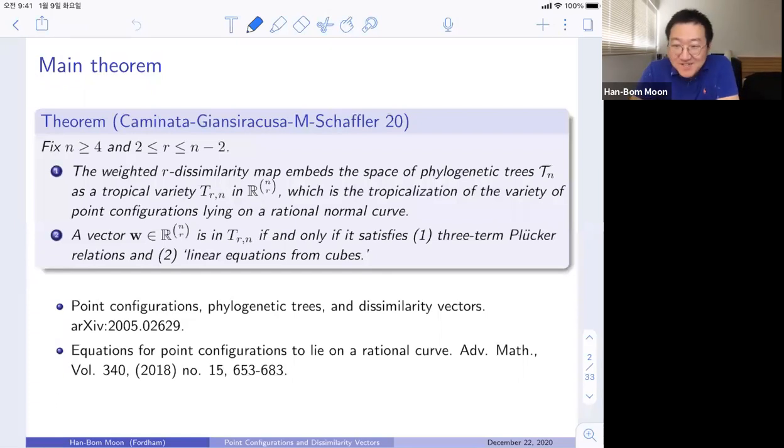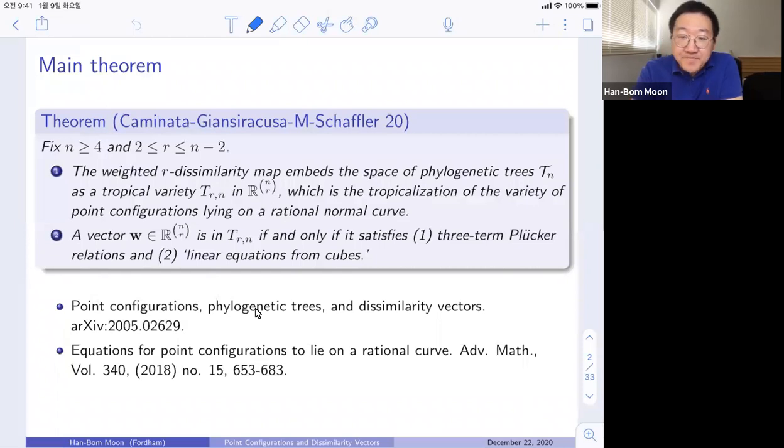Well, I know that I need to explain a lot of different notations, but I'm gonna do that. So this is the result of our two joint papers. The first one is from 2018, and the second one is on arXiv.